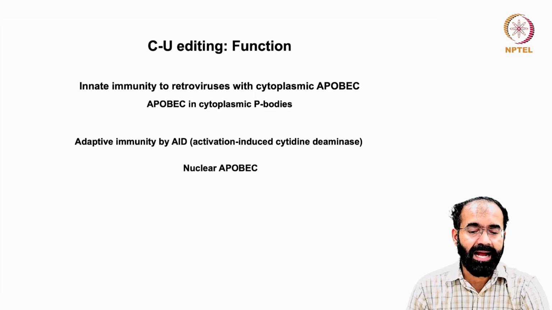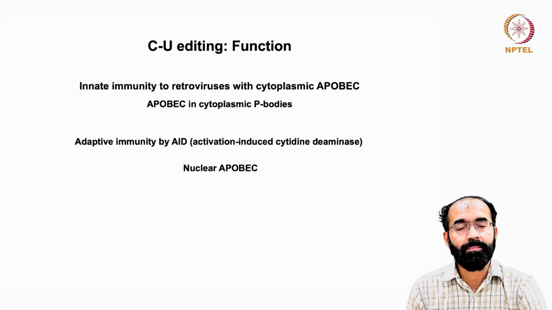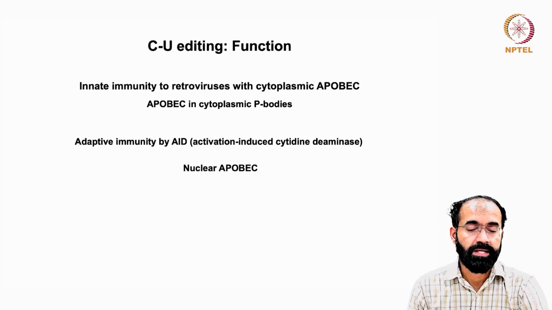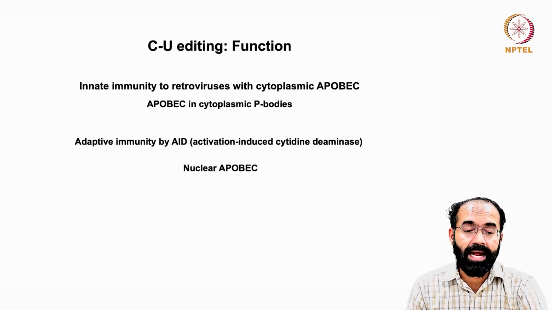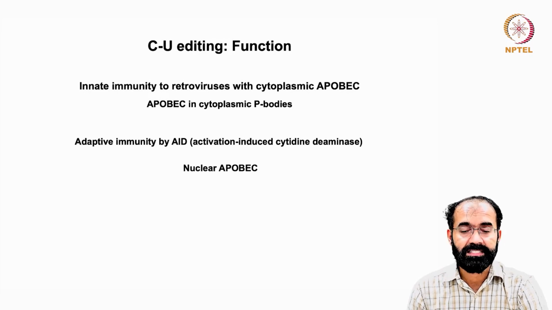What is AID? Activation induced cytidine deaminase. So cytidine deaminase function, because cytidine, if it is deaminated, it will become uridine. This function is adaptive immunity related. So this adaptive immunity by AID is something which is very important for us to go further. And of course, there is a nuclear APOBEC also. We are dealing with cytoplasmic APOBEC. Let us see what is the relevance.